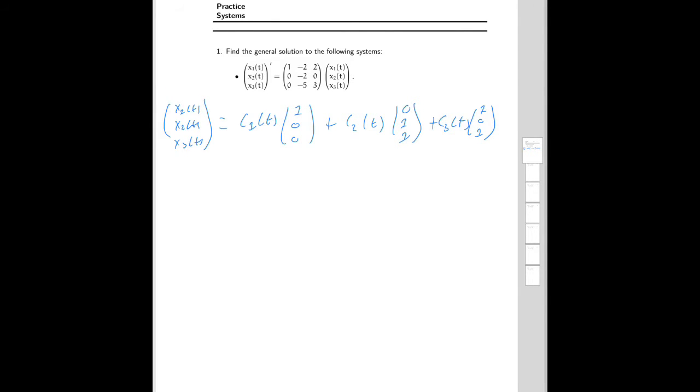Any vector in R3 can be written as a linear combination of these three vectors.